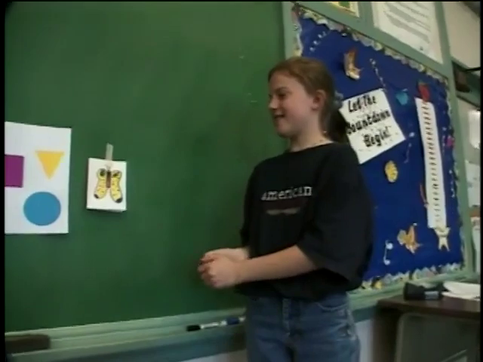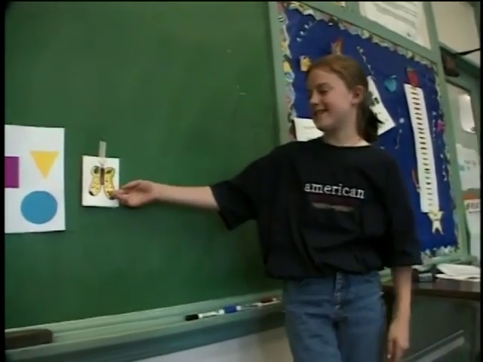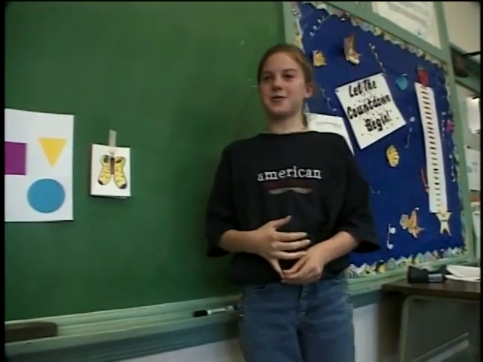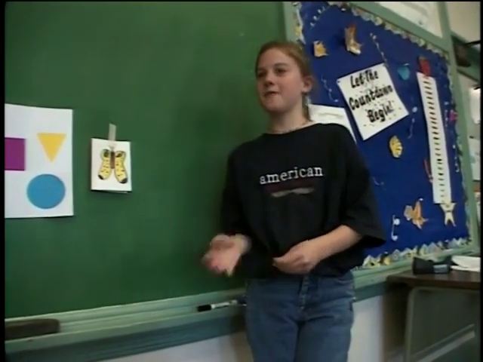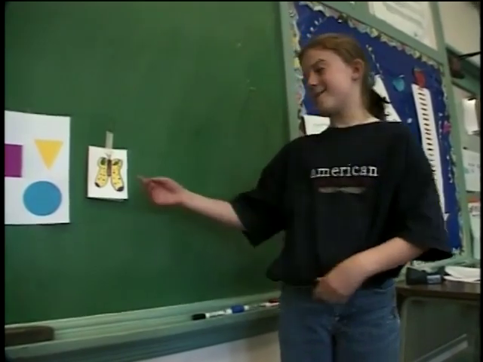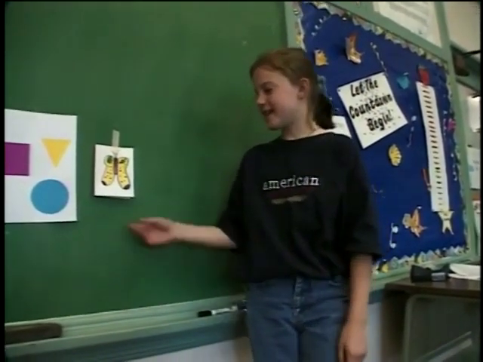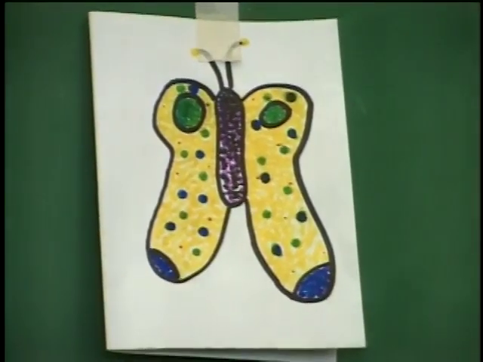I did a butterfly, and I put little holes in, like little circles, and in the circles I wanted it to come out green and purple, or violet. This came out green when I mixed blue and yellow together, but this kind of came out like a purple and a blue.